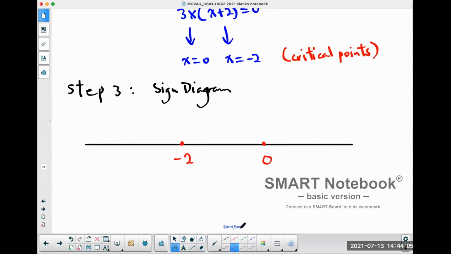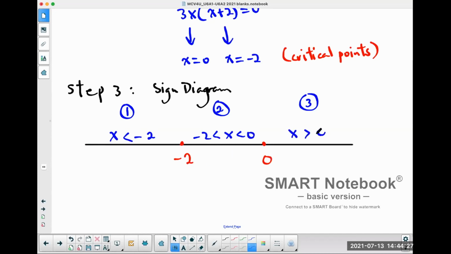What happens is you have divided the number line into 3 regions. Region number 1, region number 2, region number 3. The first region is x less than -2. The second region is between -2 and 0. And the third region is x bigger than 0.